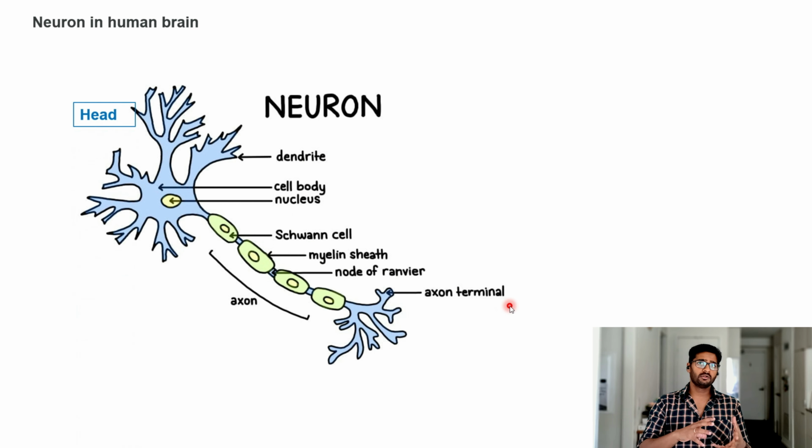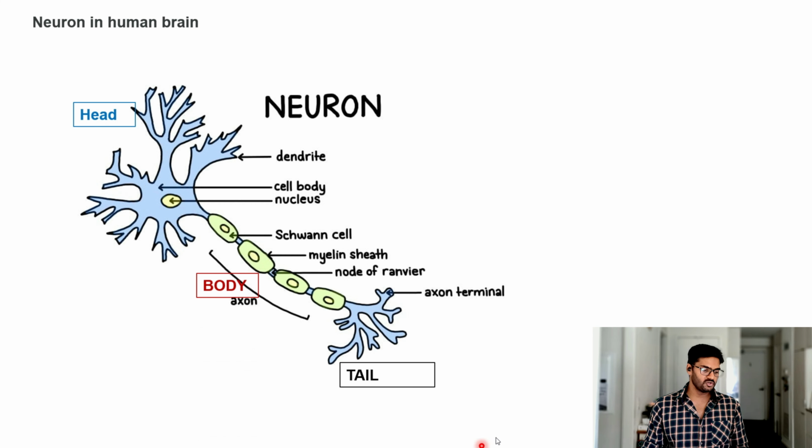This is where we do all sorts of mathematical calculations. Then we have the body of the neuron, and this is where we apply something called an activation function. And we'll talk about what activation function means, what calculation means in a moment. And the last is the tail of the neuron. This tail is responsible for communicating data or information from one neuron to another neuron.